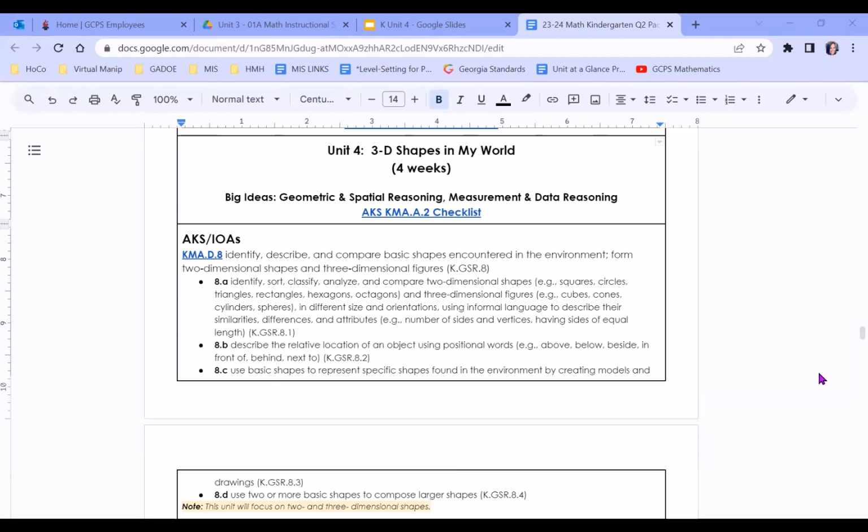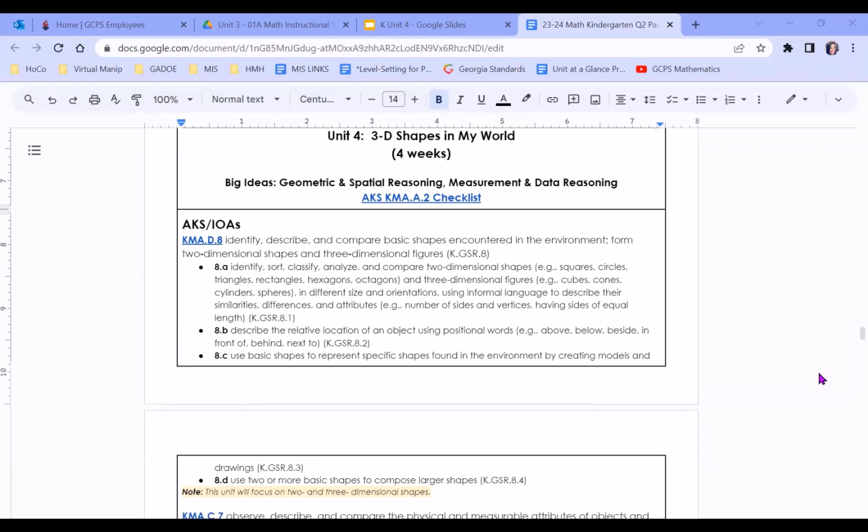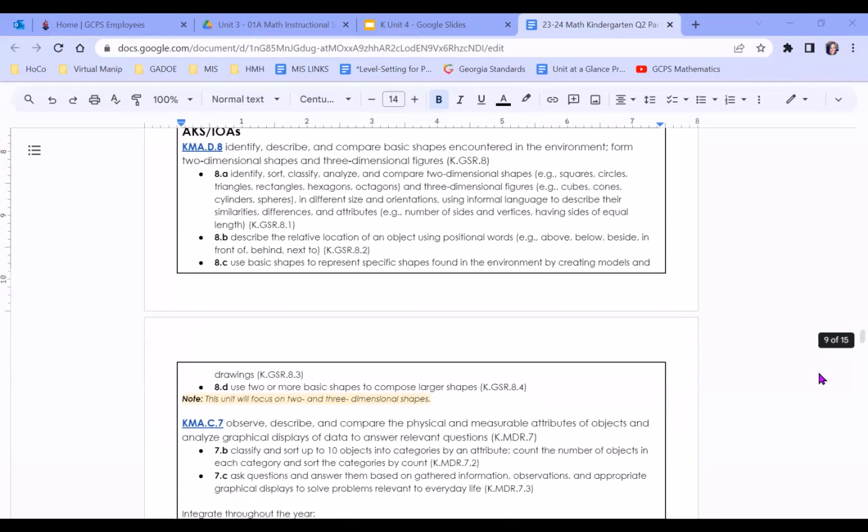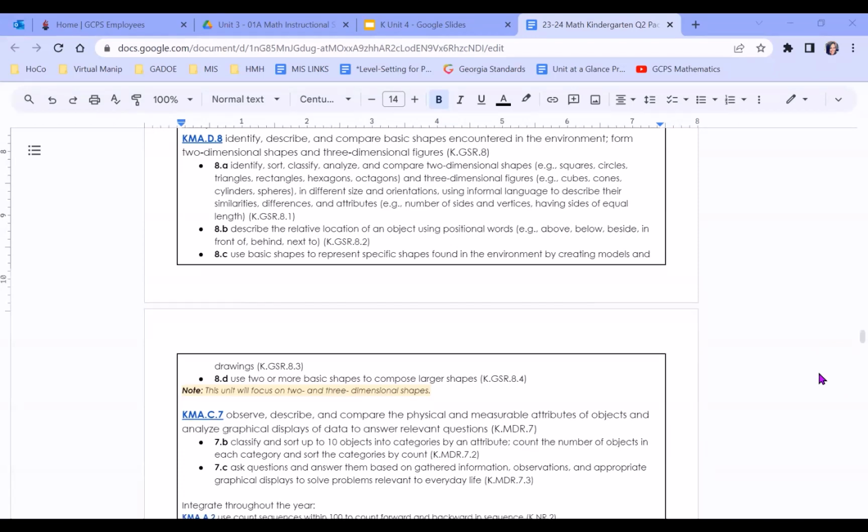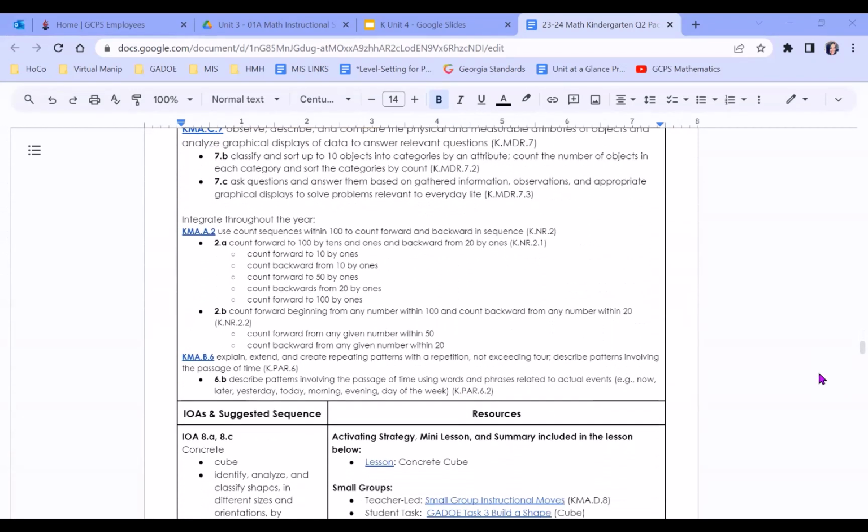The big ideas for the unit, geometric and spatial reasoning and measurement and data reasoning, are included, as well as any links we feel would be beneficial for the entire unit. Next, you will see a list of the AKS and IOAs which have been strategically clustered together. This is followed by our suggested pacing.